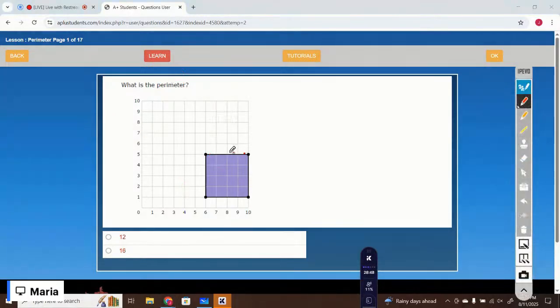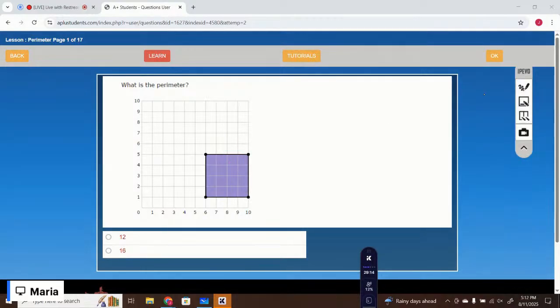That is 1, 2, 3, 4, and 4. 1, 2, 3, 4. So that is 4 times 4. That is 16. Option number 2 is the correct option.